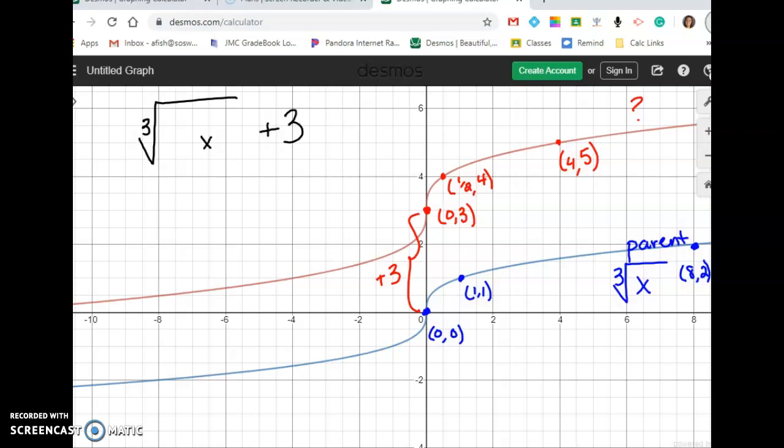So looking at this, I have a cube root of x there, and then I've got that +3 on the outside of that radical. It didn't shift left or right, so I don't need anything underneath that radical there.